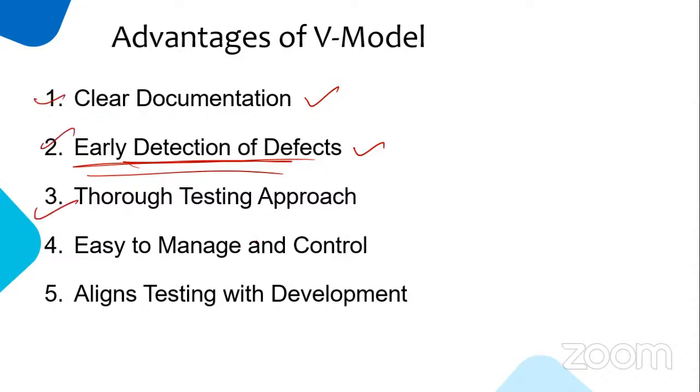And a thorough testing approach, everywhere testing only. Very easy to manage. And it aligns testing with the development. So definitely the product quality is going to be good. Clear documentation, early testing, thorough testing approach, easy to manage and aligns testing with development.